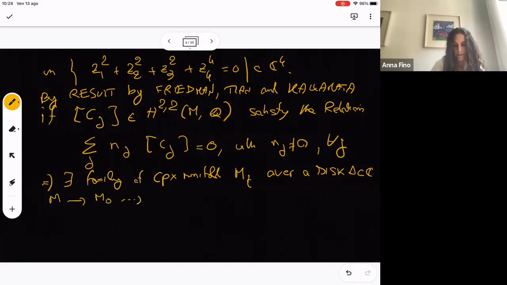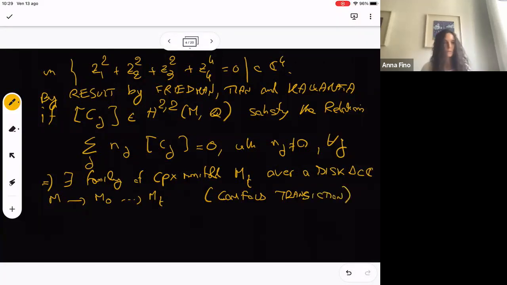I will say a few words more about the properties of this deformation of M0, but essentially this is what is called the conifold transition, due to Clemens and Friedman.